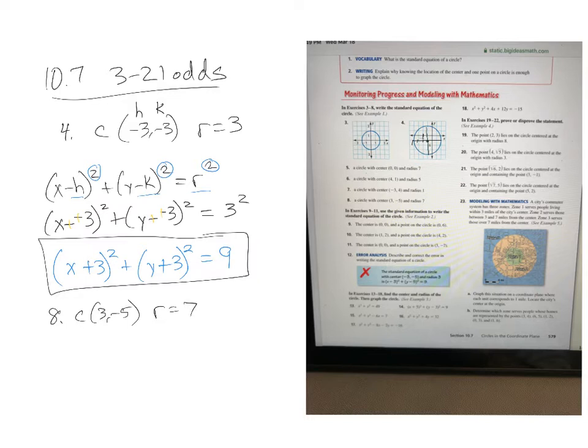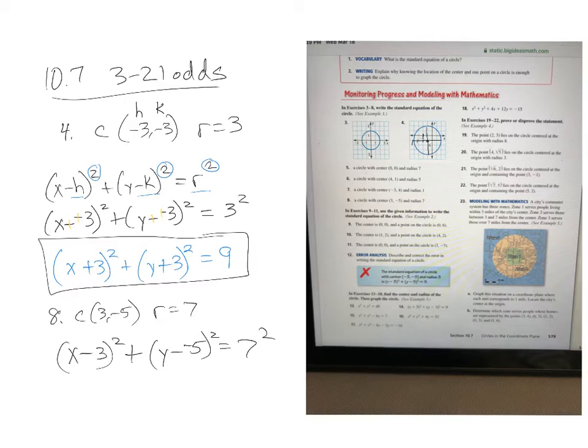Okay, the answer is x minus the h, which is 3. Don't forget to square that. Plus, and that's another thing that students always mix up, where the plus and minus signs are. You need to learn what the equation is, what the formula is. Memorize it. And then the y minus k. K is -5. And then you have to square the radius.